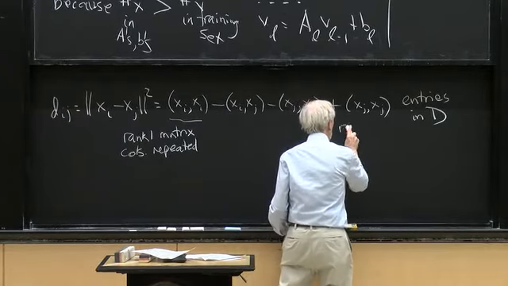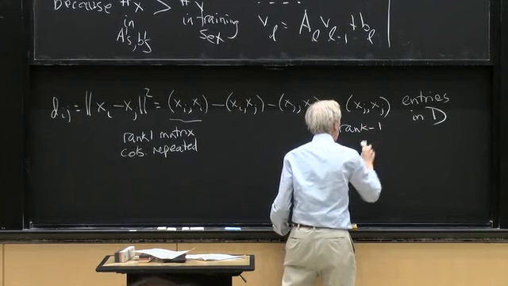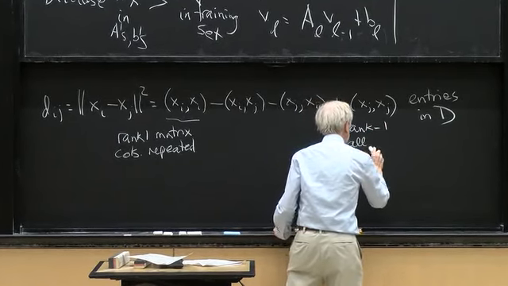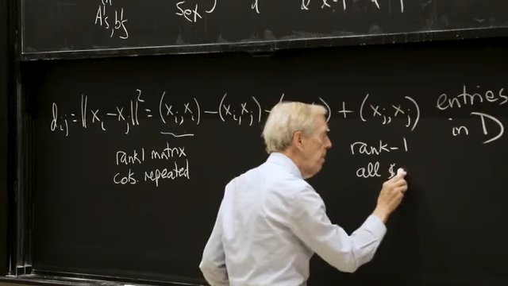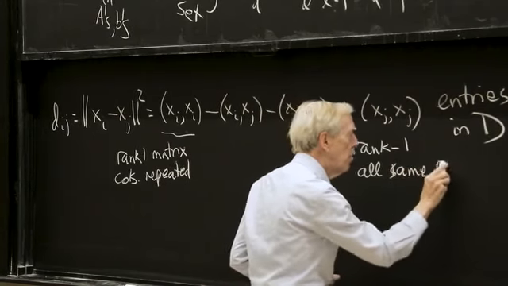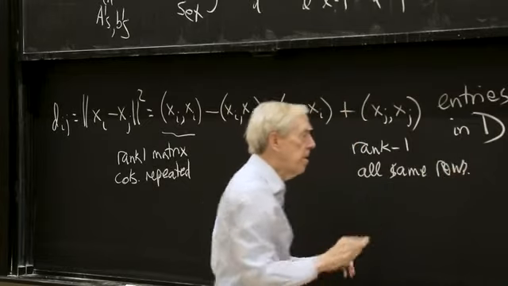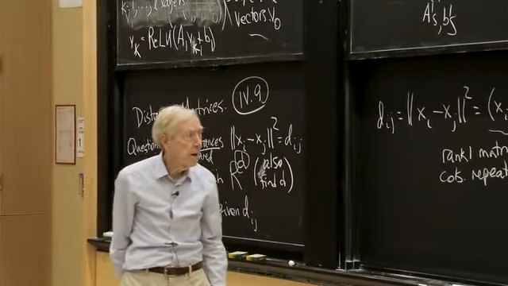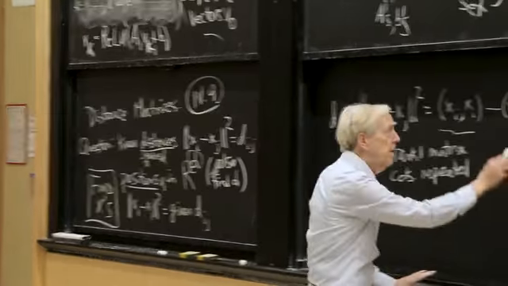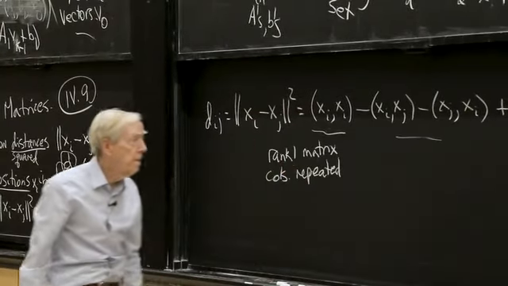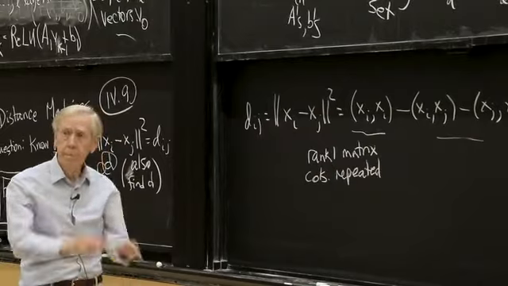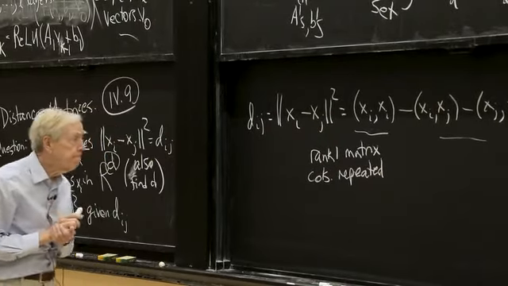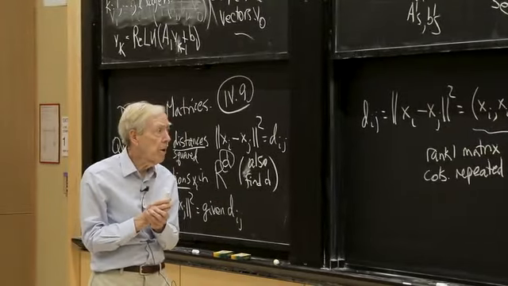So this is also a rank 1 matrix with all the same rows, because if I change i, nothing changes in that inner product. So really, these are the terms that produce the most of the matrix, the significant part of the matrix.